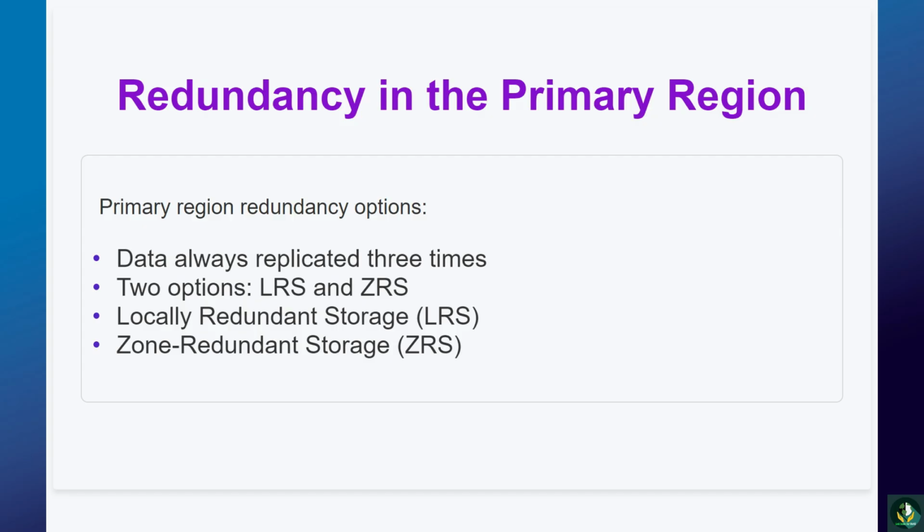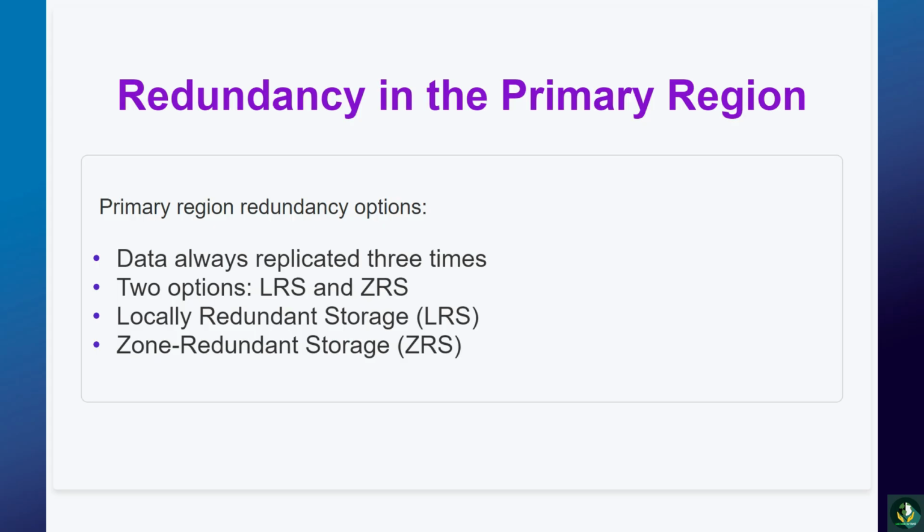That's 99.9% of objects over a given year. In practical terms, this means that your data is extremely well protected against common issues like server rack failures or drive malfunctions.